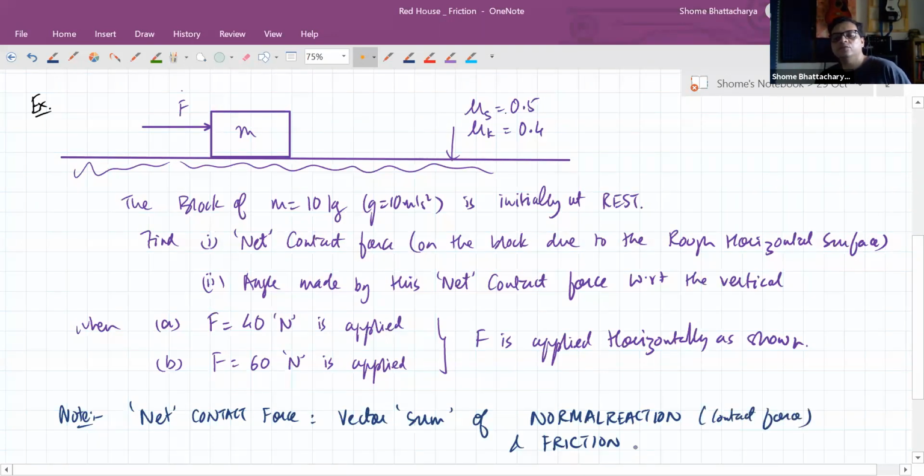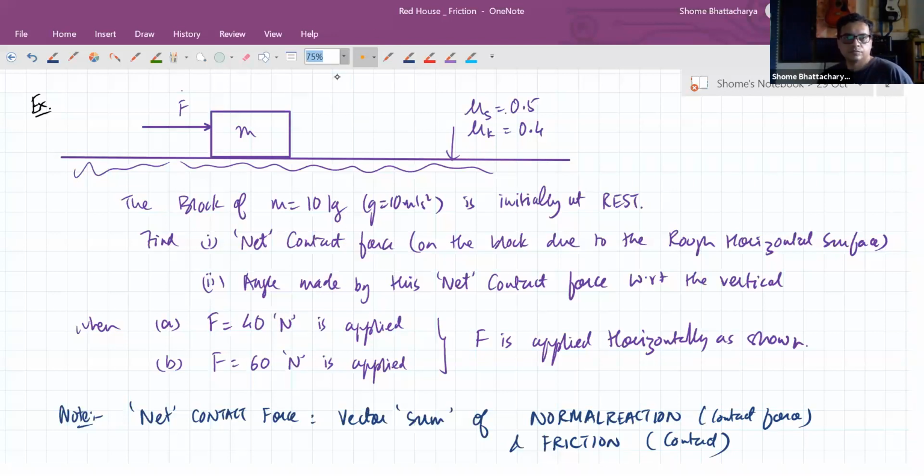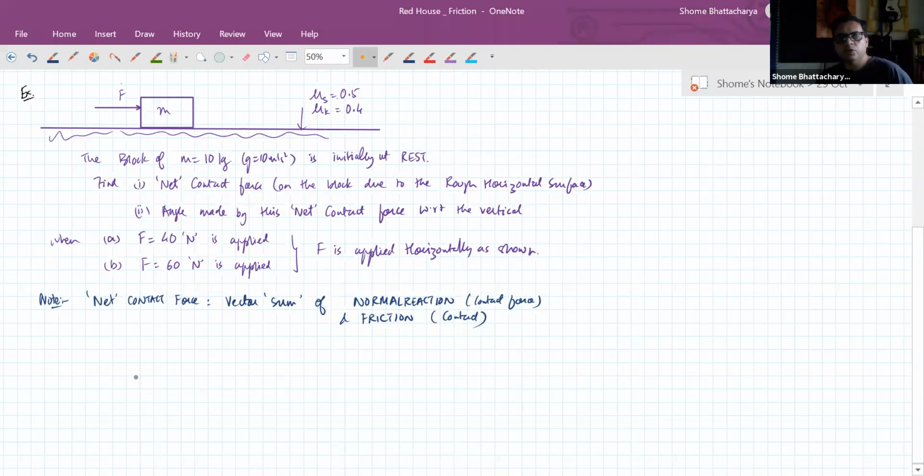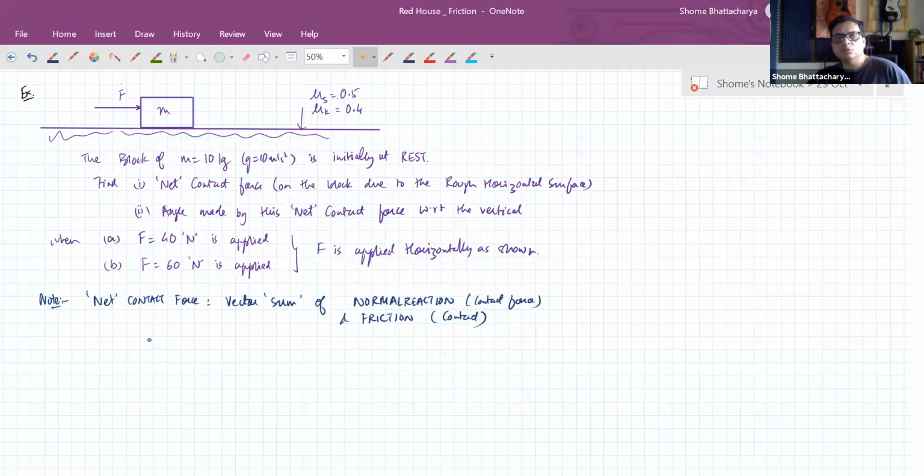So the net contact force is the vector sum of these two. So just try this out now. As usual, all you have to do is make the free body diagram in each of the cases and calculate how much normal reaction and how much friction is acting, and then find the vector sum of normal reaction and friction. That will give you the net contact force.